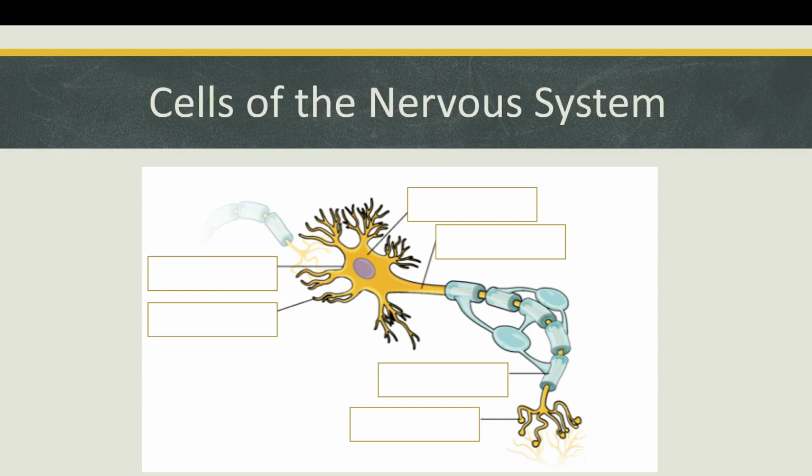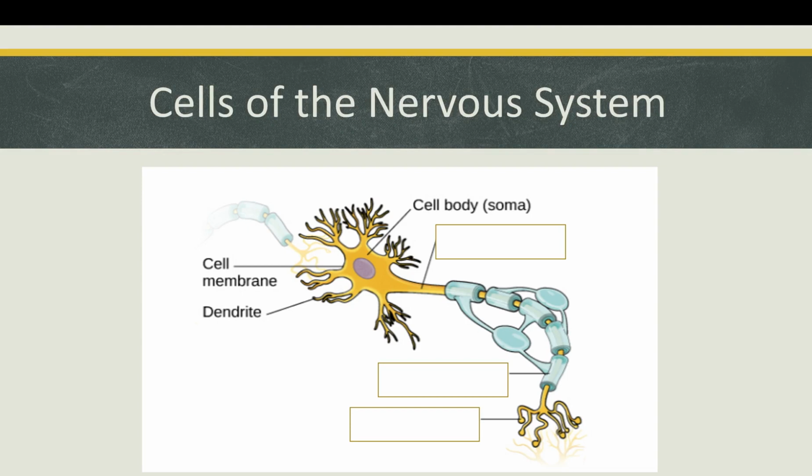First, the cell body, or soma, is the nucleus of the neuron, and this is located in the cell membrane and processes information collected from the dendrites. And these dendrites are small branches that receive information from other neurons.